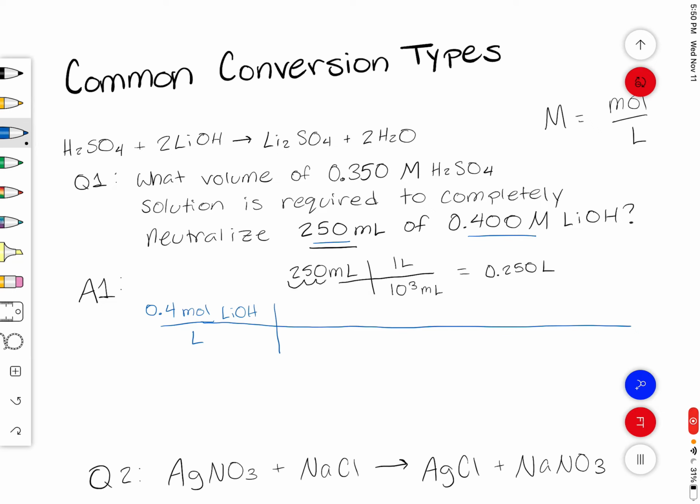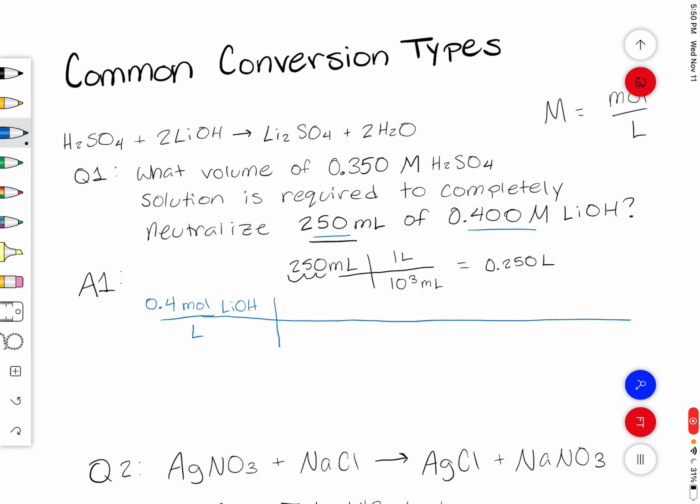Now you've converted your milliliters to liters, so you're going to cancel out those units by doing 0.250 liters. And this is of LiOH. I'm not going to write it down every time just to save some room. That cancels out this unit and this unit.